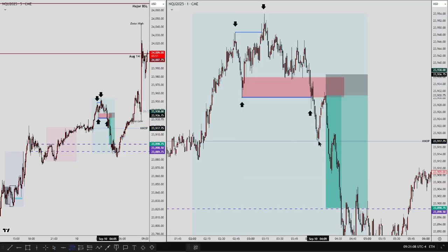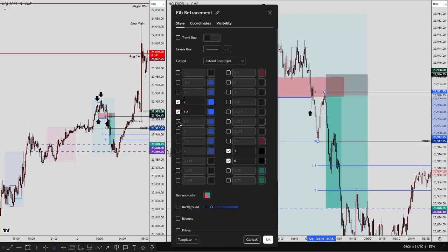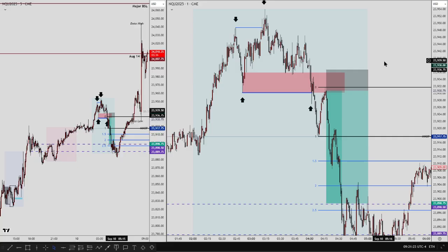You could have used this, because that's a retracement relative to your underlying narrative and bias. So if I put on a 2.5, you're not expecting or demanding tick-to-tick precision out of these. You're just looking to capture confluence with your narrative of how far price is going to go.